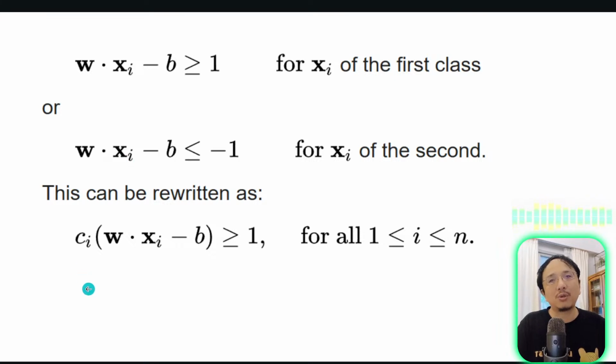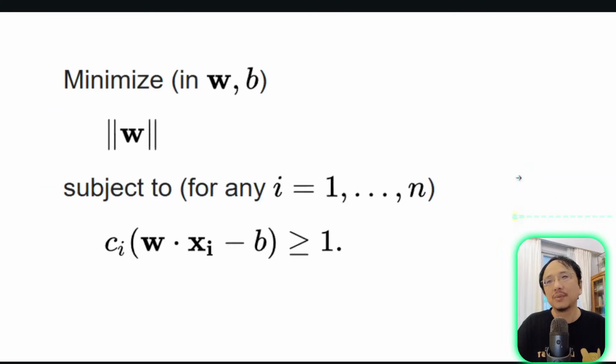So by using this simple trick of setting ci to be either 1 for the first class or -1 for the second class, we can combine these two inequalities into one simple inequality. Basically, they are exactly the same. It's just that we can write it more concisely, in a more compact way, just in one line. Fundamentally, they are exactly the same.